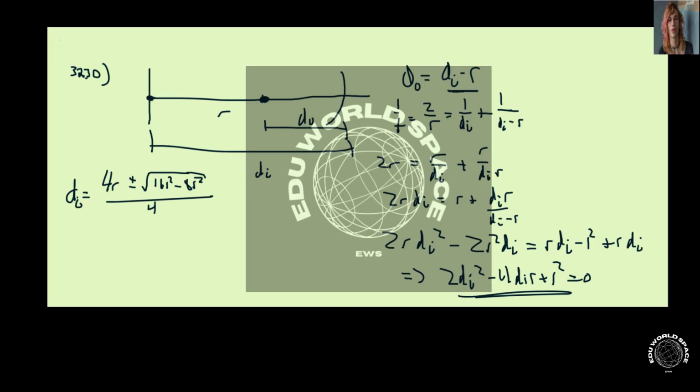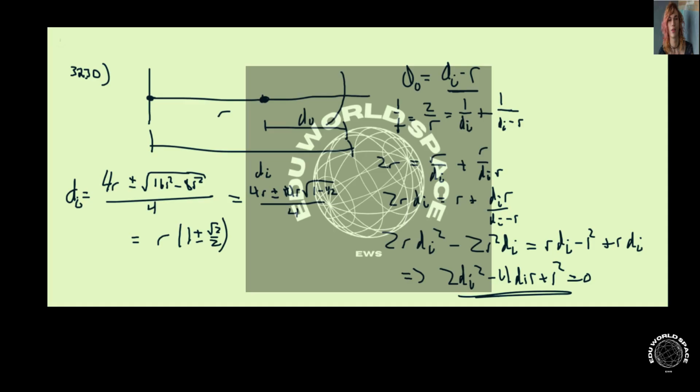Cool. So we can simplify this pretty easily here, and we'll be left with 4r plus or minus 4r square root of 1 minus 1/2 over 4. If you simplify that, this is r times 1 plus or minus square root of 2 over 2.